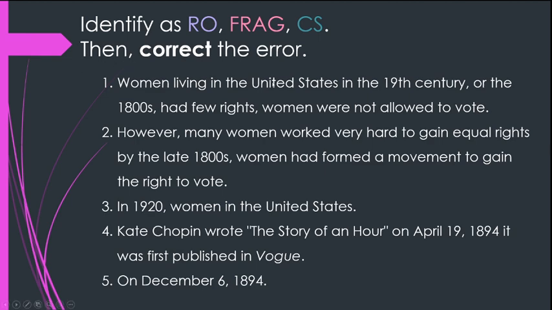Okay, so I want you to read each one and then tell me, just write the number, and if it's RO for run-on, FRAG for fragment, or CS for comma splice, and then I want you to fix the error. So once you've identified it, you know how to fix it, so make sure that you do. If it has too many elements, make sure you separate the complete sentences. If it's missing an element, make sure you add it so that it becomes a complete sentence.